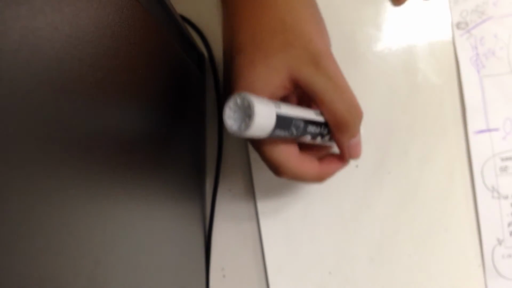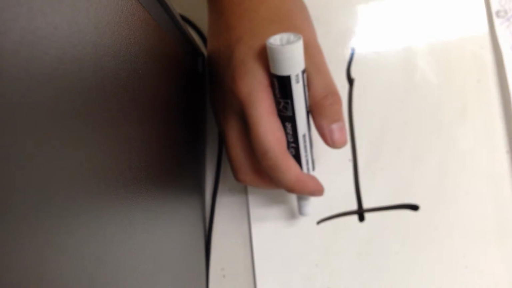Okay, third question. This one. Okay, so what I did, I drew a thermometer. It says if the temperature in the North Pole is negative 20 degrees and it drops another 12 degrees, what would the temperature be? So let's say this is 20, and it drops another 12 degrees.